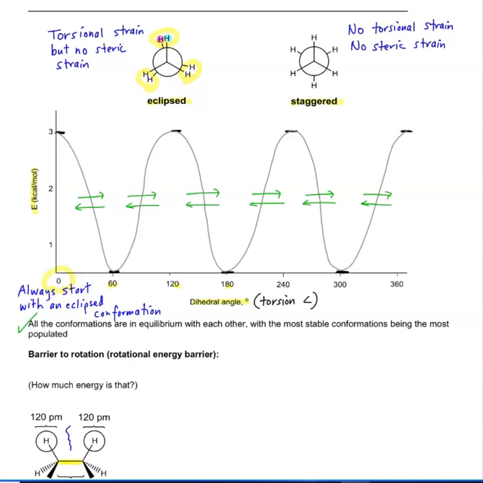That means that most of the molecules in an assembly of molecules, in your collection of ethane molecules in this case, are going to be in the staggered conformations because those are lower in energy. So we would say here, more molecules at any given point in time exist in the more stable conformations.